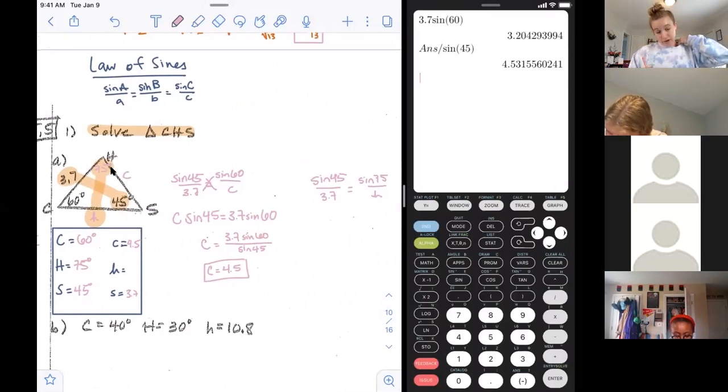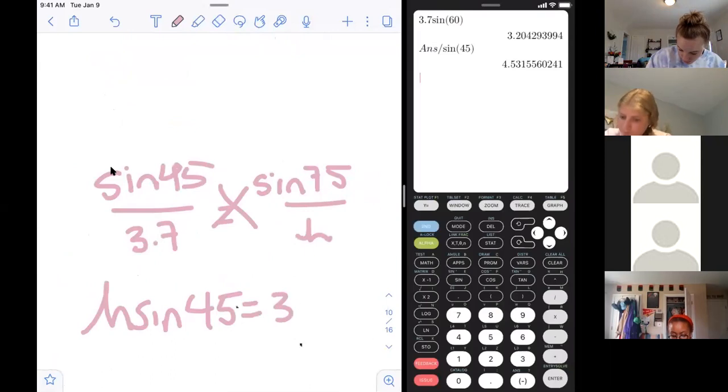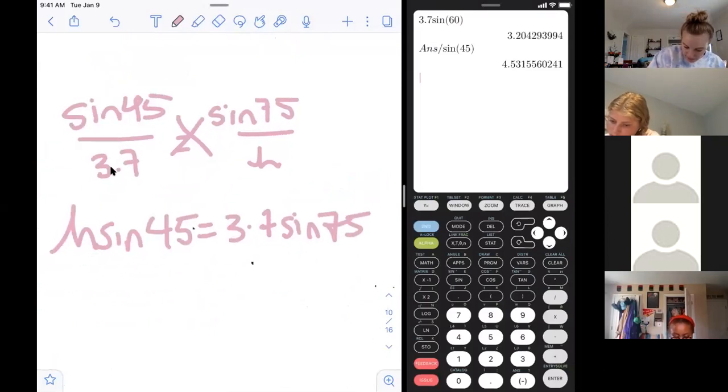Again, this is what I've done so far. Cross multiply. Little h sine of 45 equals 3.7 sine 75. And then divide by sine 45.